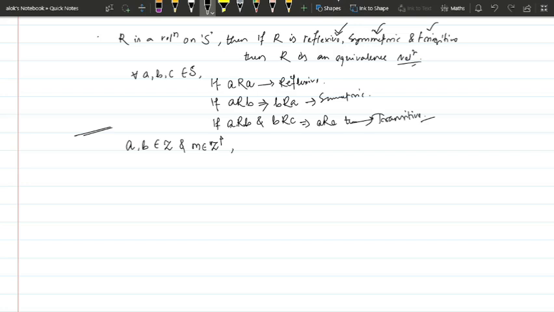Then if M divides the difference of A and B, then we write A is congruent to B modulo M. This is the relation between A and B. M being a non-zero integer, and if the difference of A and B is divisible by M, then we write A is congruent to B modulo M.